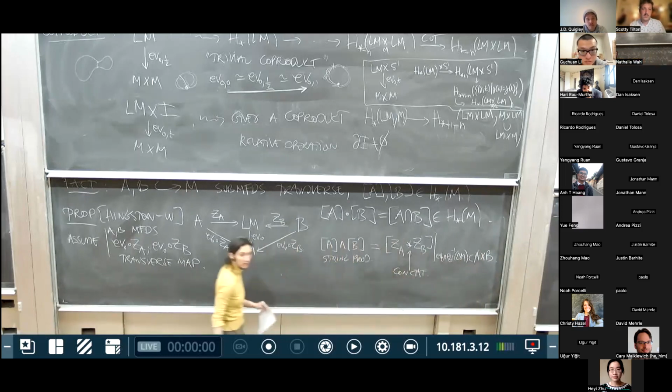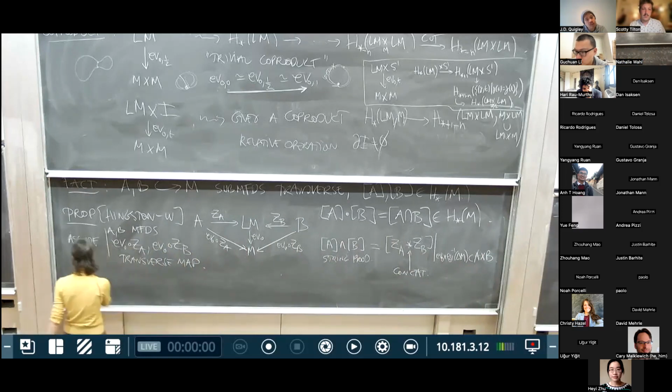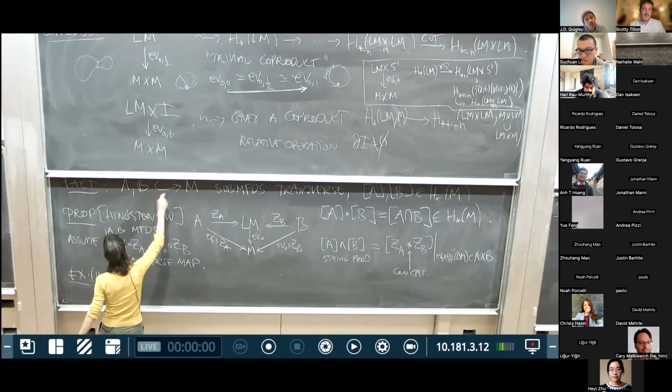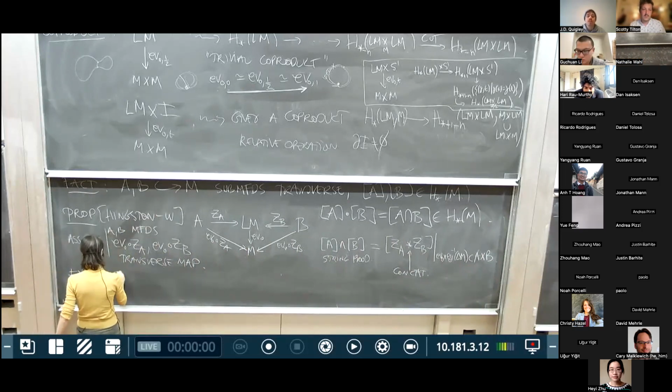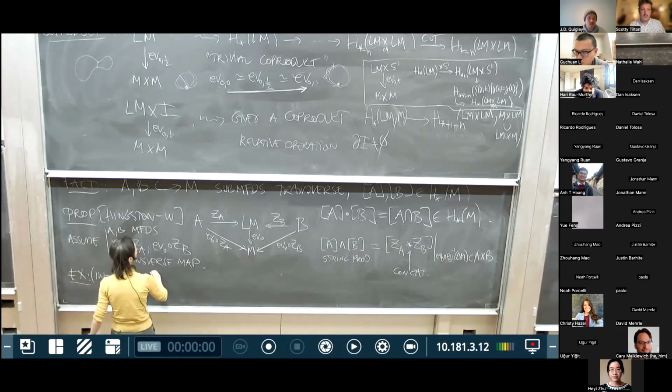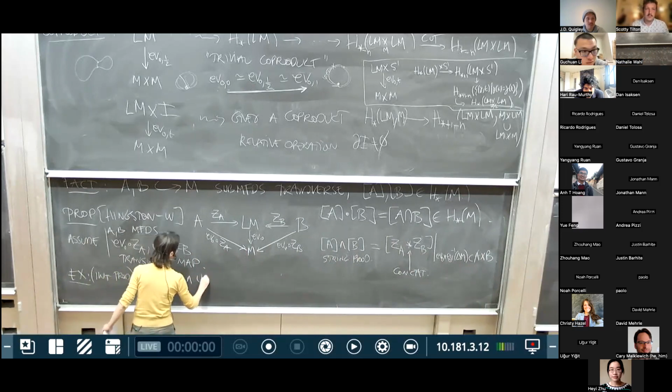So maybe here's a simple calculation example for the intersection product. What's an example? It is just to say that the fundamental class of M is a unit.